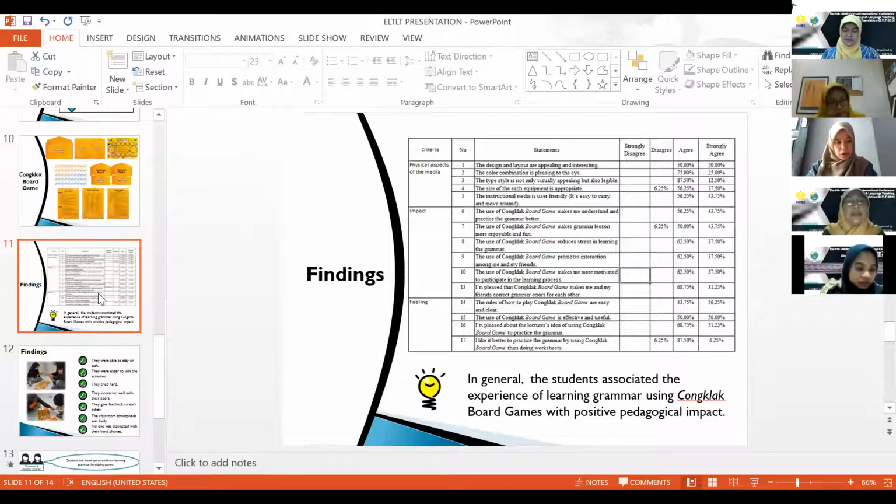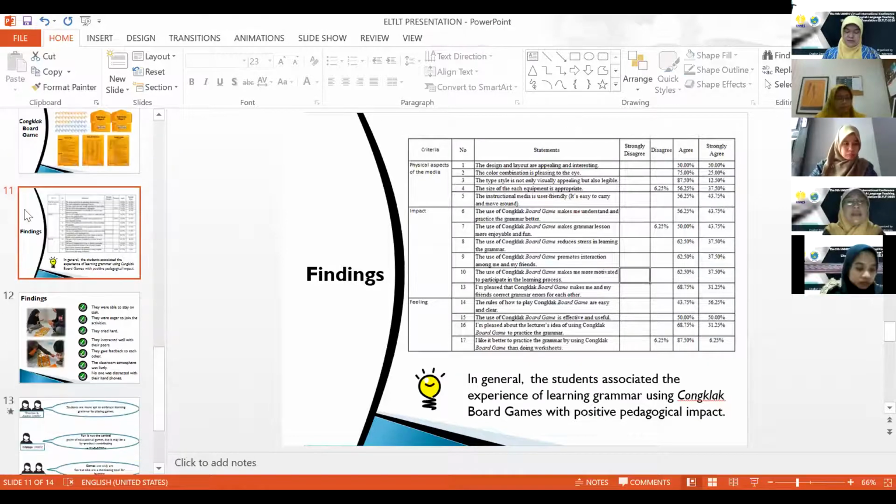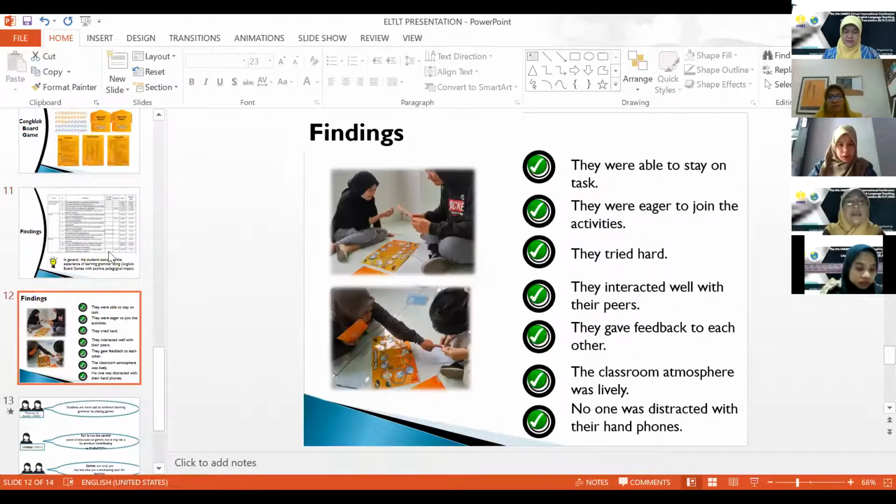As you can see here, from the questionnaire, I can conclude that in general, the students associated the experience of learning grammar using Chongklak board games with positive pedagogical impact. And this is some notes that I got from the observations.